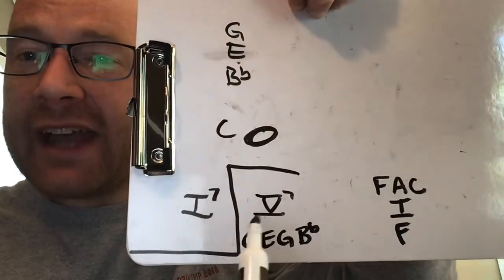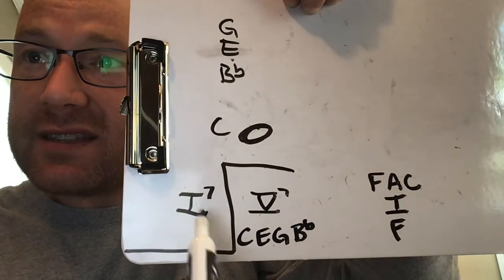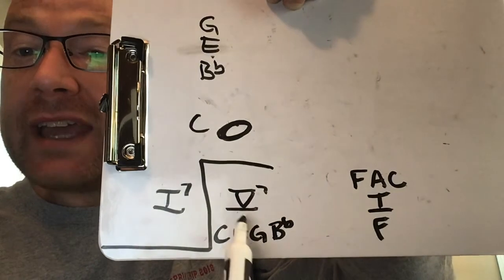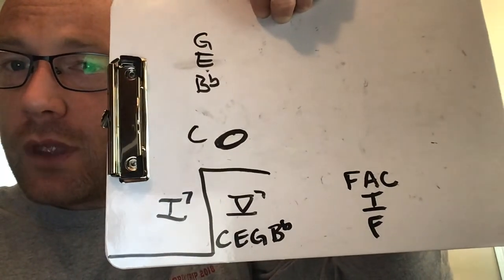Okay, so do you see how by adding the B flat here, I can create a chord that exists as a 7 while creating a diatonic chord for the next key?